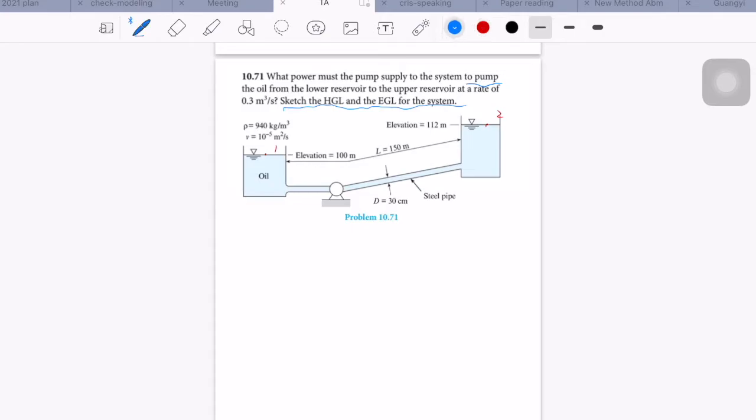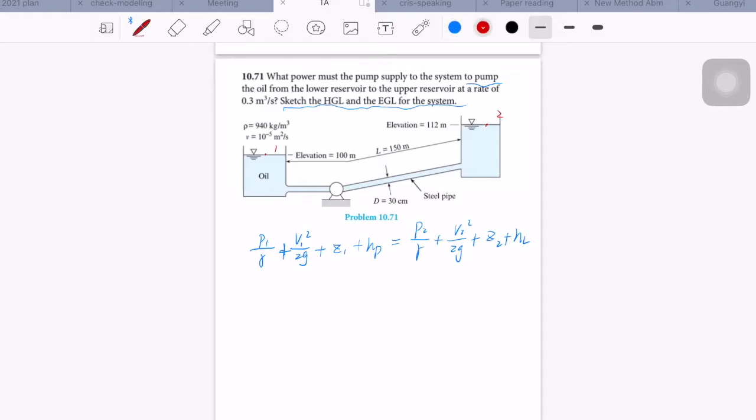We have P1 over gamma plus V1 squared over 2g plus Z1 plus HP equal to P2 over gamma plus V2 squared over 2g plus Z2 plus the total head loss.